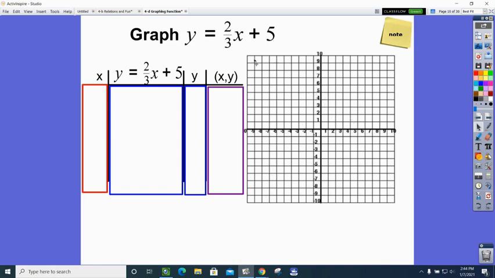So are there some better inputs when I'm looking at multiplying by a fraction that would make my life easier? And the answer is yes. So when I'm looking at multiplying an input times a fraction, look at that denominator, guys. Do you see that 3? My inputs are going to be chosen so that I can cancel with that 3.